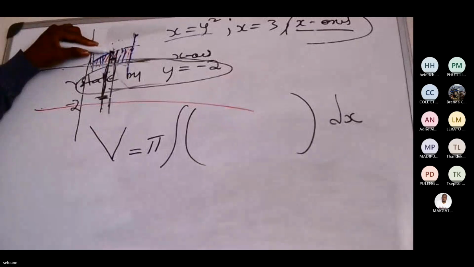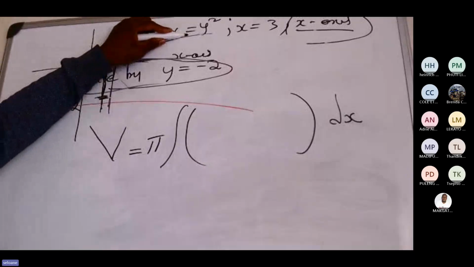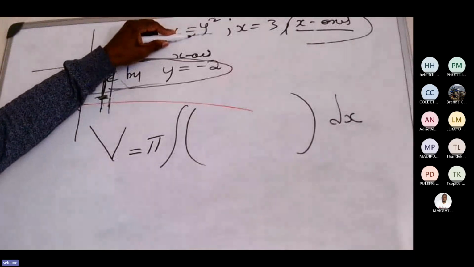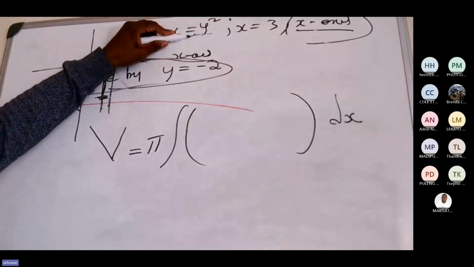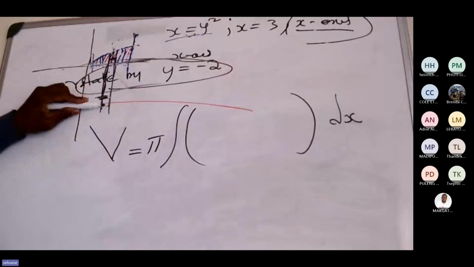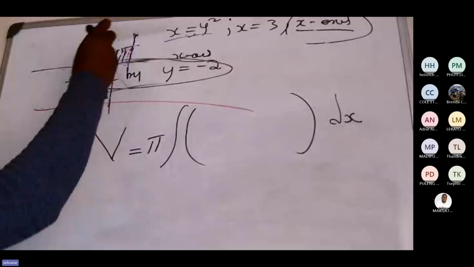And what is y? We know it because it comes from this. Therefore, you have to come here, make y the subject of the formula as we did. Therefore, it will be the square root of x minus y here. That will be the outer radius.